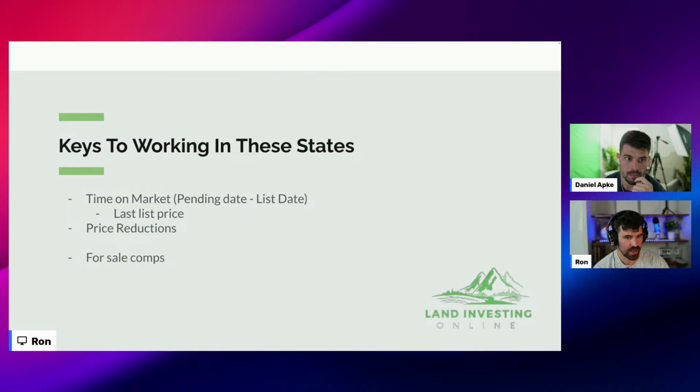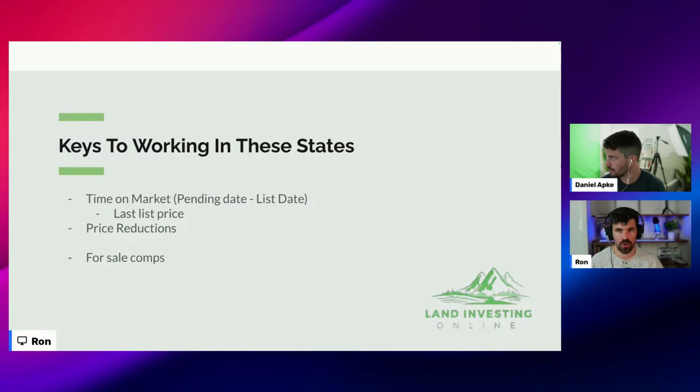I don't like doing that because it's not accurate as to how long it took to go pending. I like to go list date to pending date. If something was listed today, June 5th, and it sells August 5th, technically that's 60 days on market, which is what Redfin and all those data centers will show, but it went pending in 0 days.